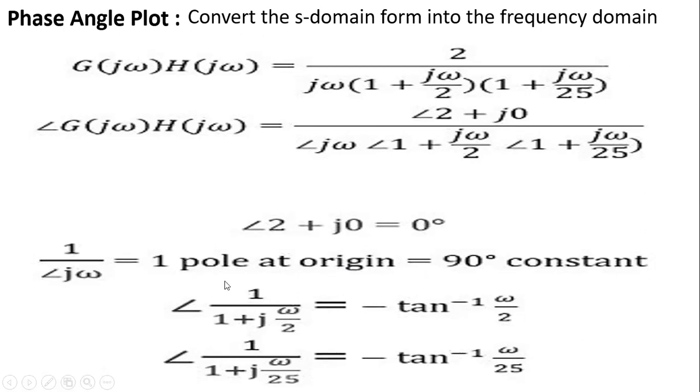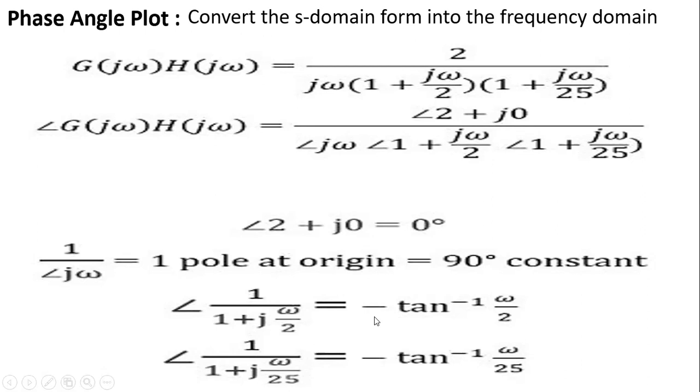So we have to draw it for different values of omega, and 90 degrees constant, one pole because of this. And then another one, we have minus tan inverse of omega by 2, minus tan inverse of omega by 25.